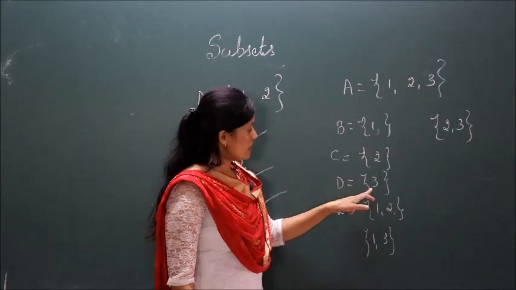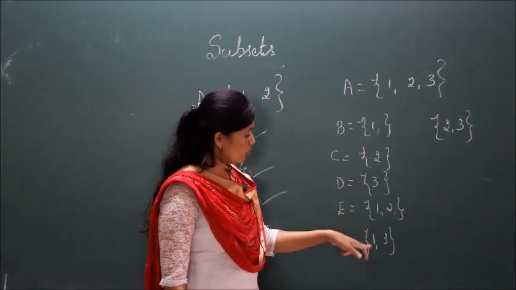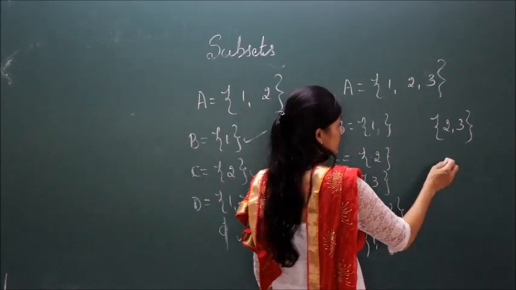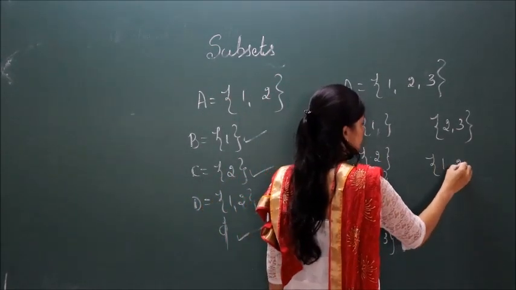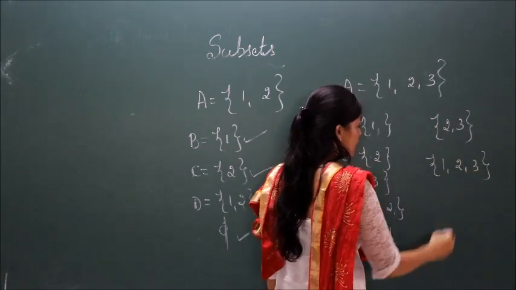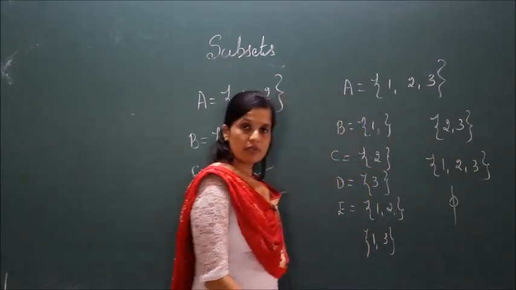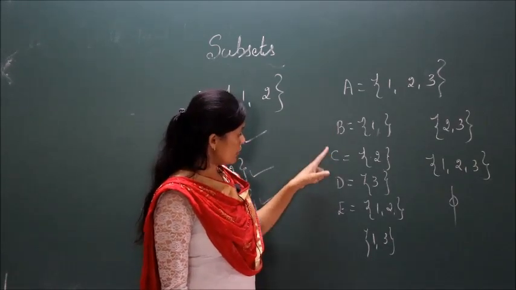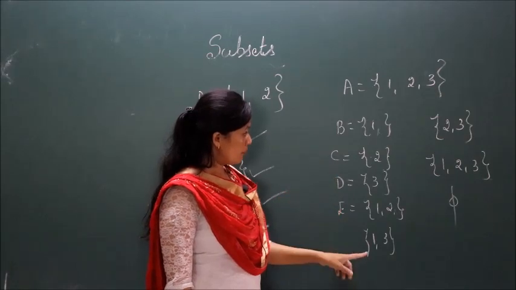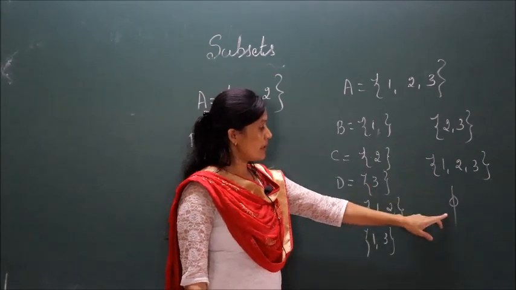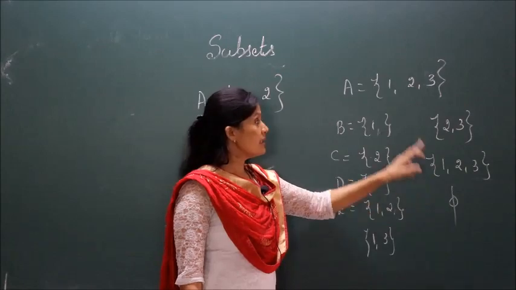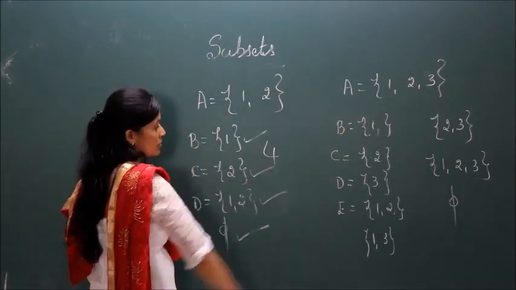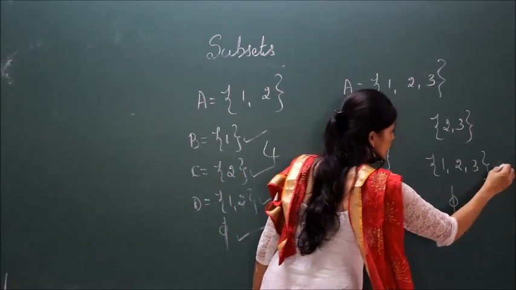So these are the sets with only one element, then {1, 2}, {1, 3}, {2, 3}. Next the set itself, next the null set. These are the possible subsets. So how many subsets do we have? 1, 2, 3, 4, 5, 6, 7, 8. 8 subsets I get for the given set. Here I get 4 subsets, here I get 8.